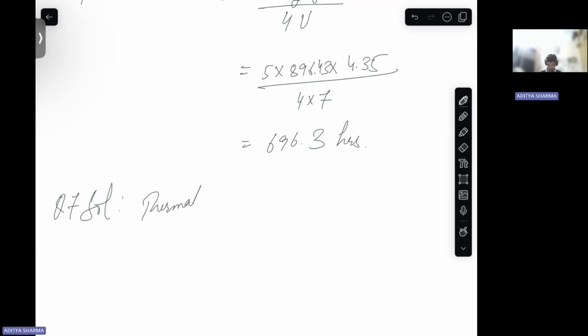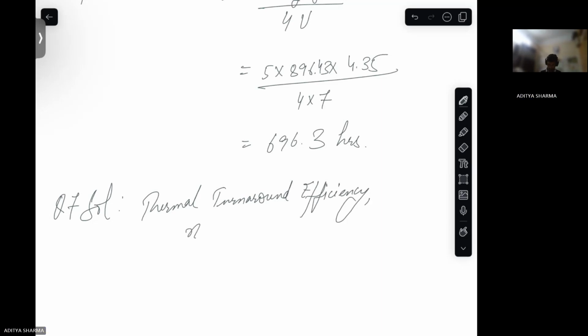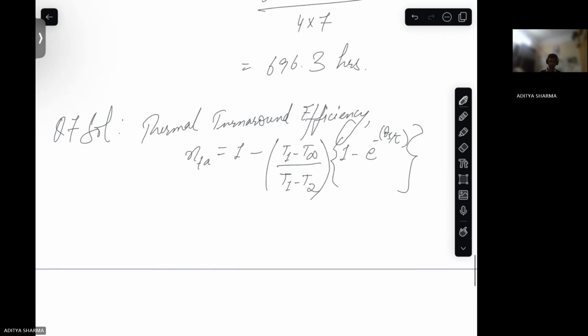So thermal turnaround efficiency is 1 minus this.